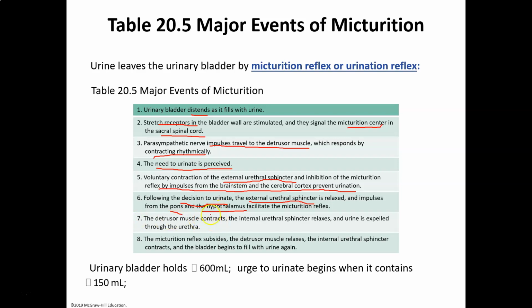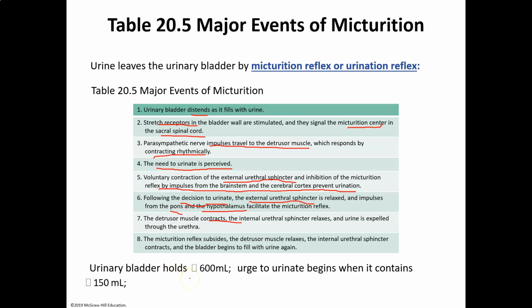Detrusor muscle contracts, internal urethral sphincter relaxes, and urine is expelled through the urethra. Micturition reflex subsides, detrusor muscle relaxes, internal urethral sphincter contracts, and the bladder begins to fill with urine again, because your kidneys didn't stop creating urine during this time. You just got rid of whatever was there.